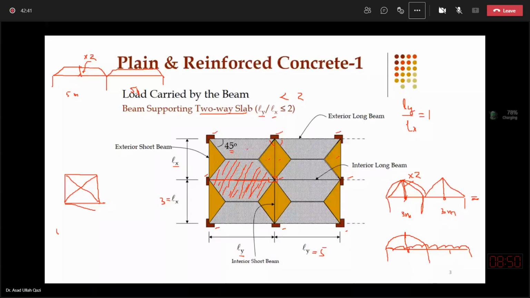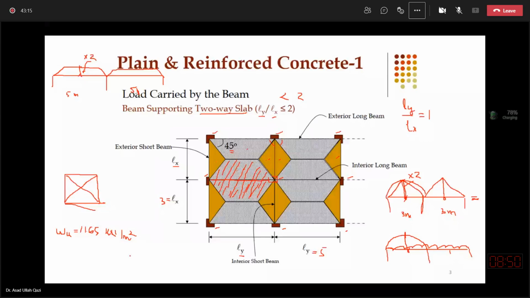In the previous example, we calculated this for a 150 millimeter thick slab, 100 millimeter finish and 300 kg per meter square live load. Suppose for this slab, floor finish, slab thickness and live load are the same.